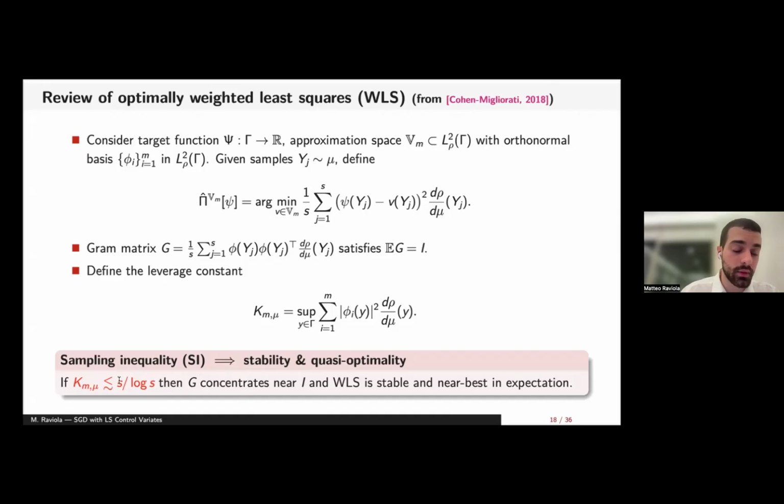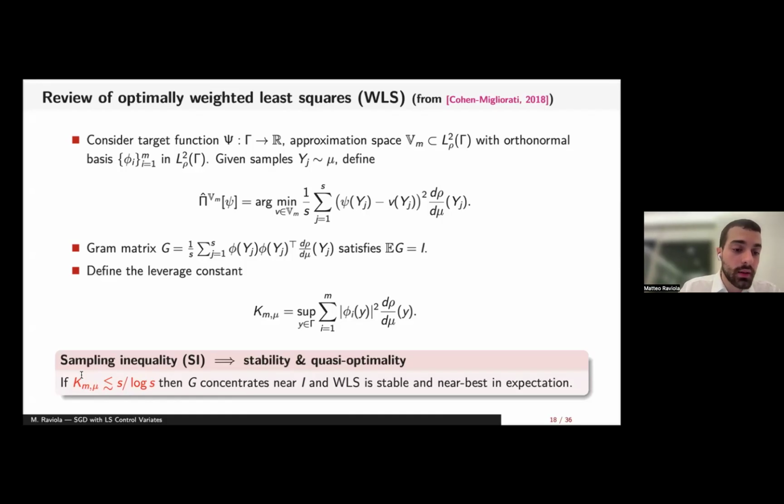So really, this is the inequality that we were looking for. Essentially, given a search space VM and a sampling measure mu, the smallest sample size that we can get is given by this sampling inequality. We cannot take S too small. It has to be large enough.